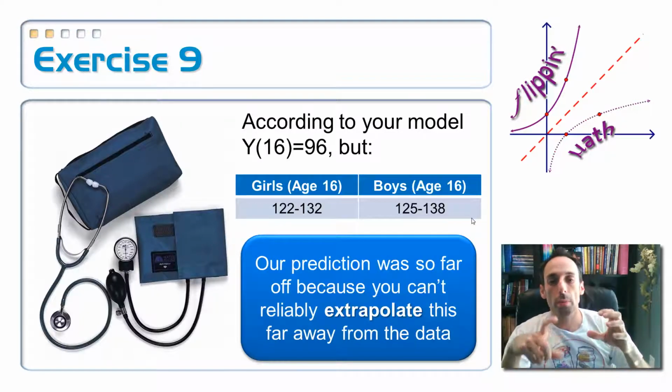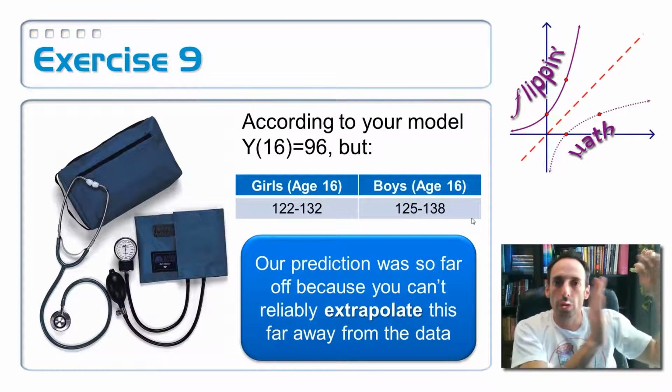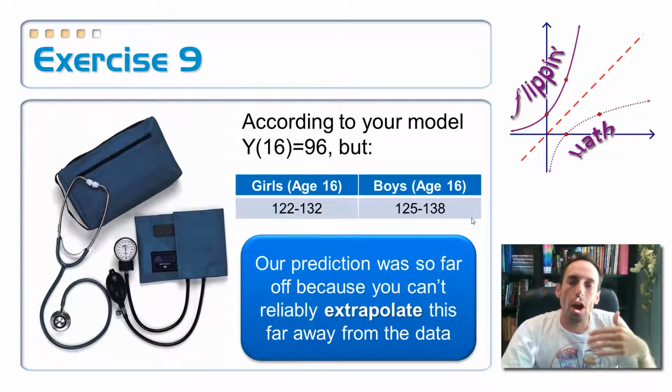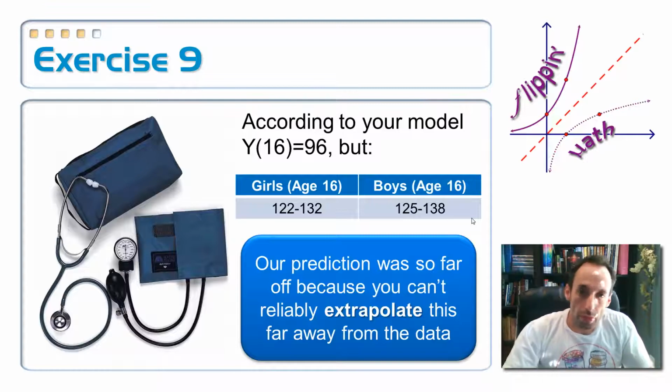So because our prediction was based off of those older people, it was so far off of the range that our answer couldn't really be relied on. Okay? So that's something else to keep in mind. The further away that you get from your set of data, well, the less reliable your prediction is going to be.